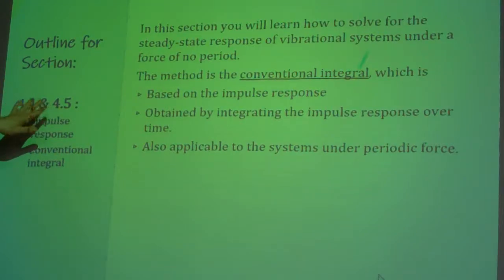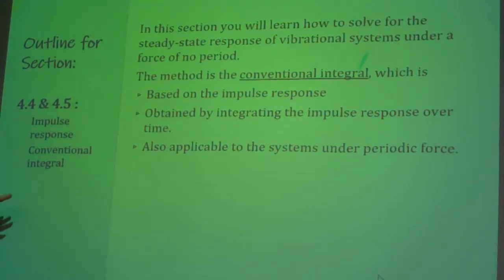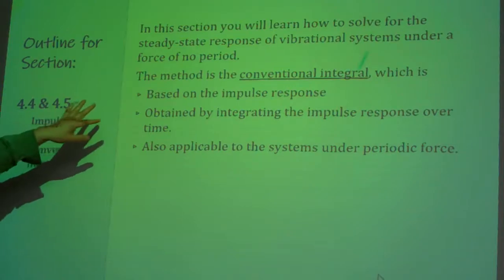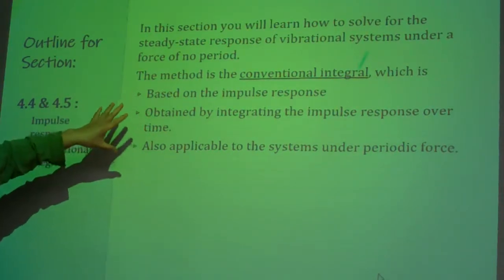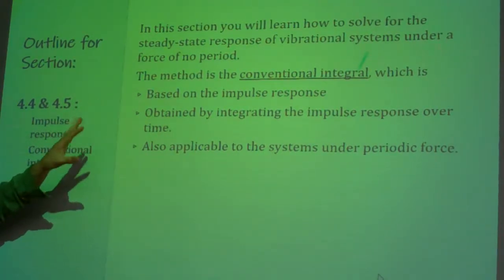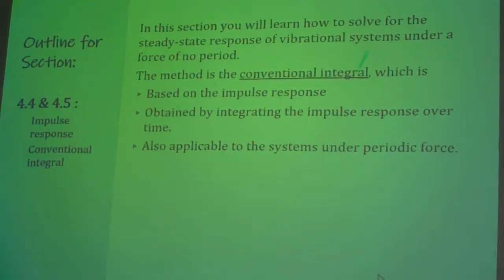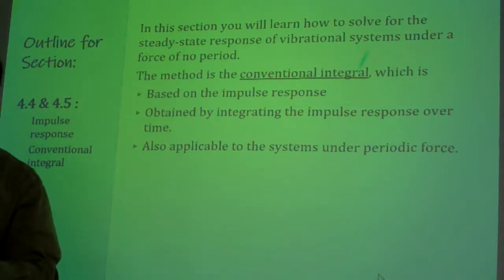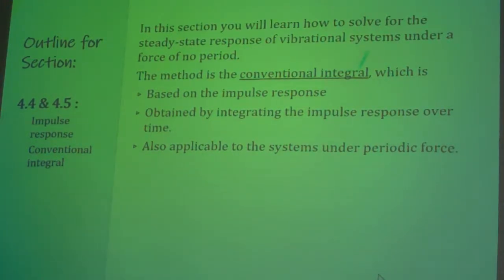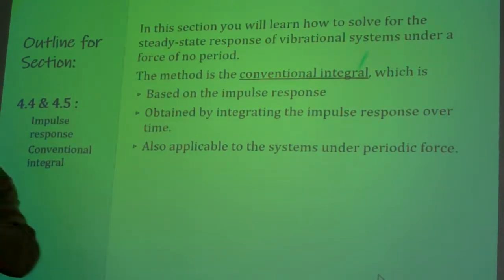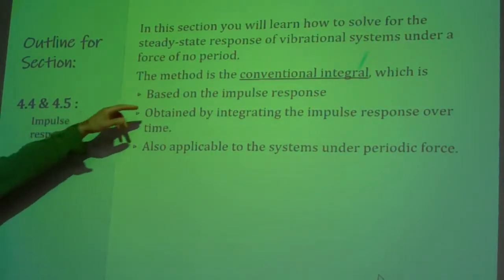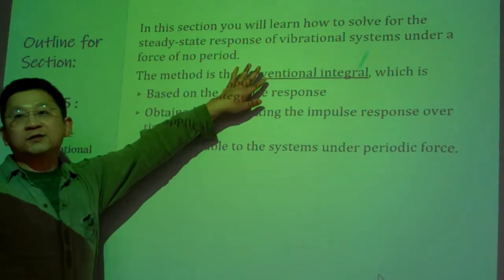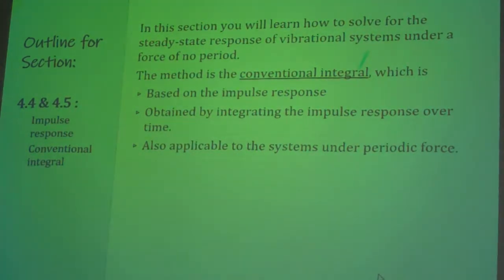Basically, these two sections combined simply tell us we're going to use the convolutional integral approach, which is a time domain integral compared to the Laplace transform, which is in the s domain. So the two methods sometimes supplement each other. Depending on the situation and the number of systems, sometimes one approach is faster and easier, the other one vice versa.